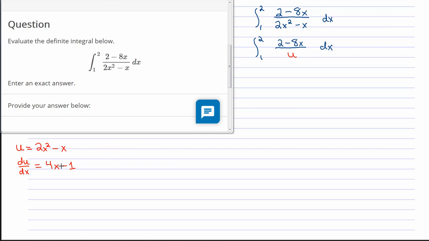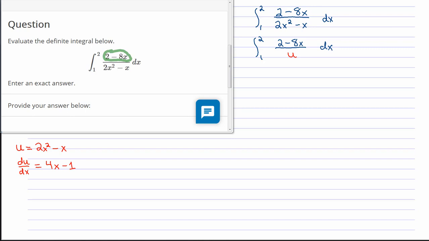And 4x minus 1, you might say, what's the significance of that? At first glance, there's no significance. But look at the numerator here real carefully. Is the numerator at all related to 4x minus 1? If you stare at it long enough, you'll say, yeah, it is.